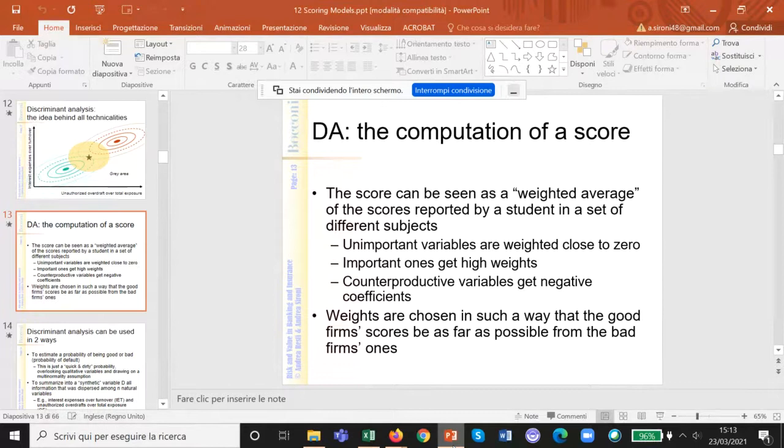Generally speaking, the score can be seen as a kind of weighted average of the scores that the company gets in each one of the above-mentioned variables, or, if you want, like a weighted average of the scores that a student reports in a number of subjects. Clearly, the weights are chosen in such a way that the good companies' scores are as far as possible from the bad companies' ones.